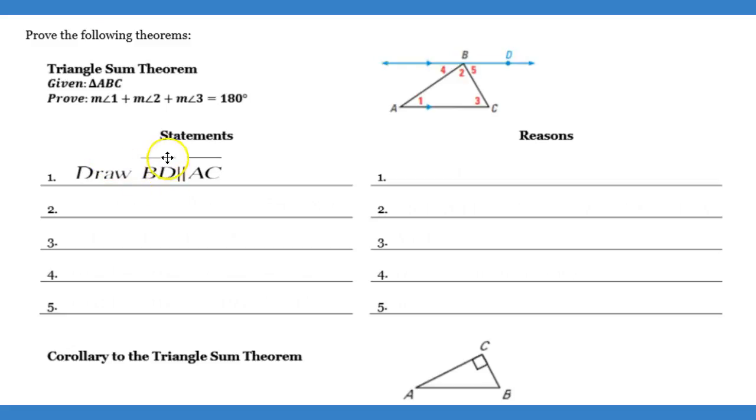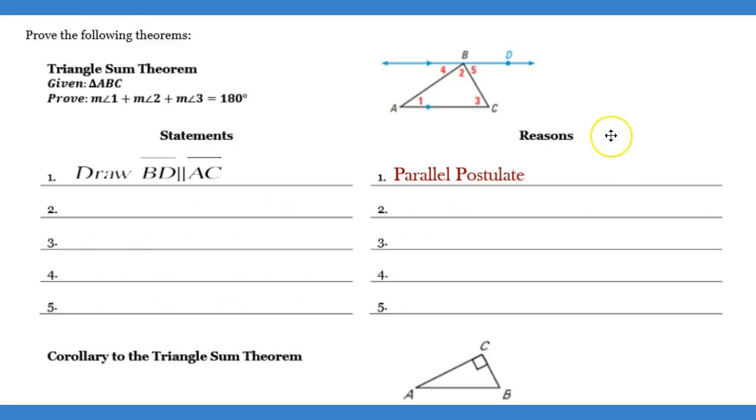And I want to draw BD so it's parallel to AC. Now I know I can do that because of my parallel postulate. I know that when I have a point and a line, there is only one line through that point that will be parallel to my other line. So I am drawing line BD so that it is parallel to AC. So that's my auxiliary line.